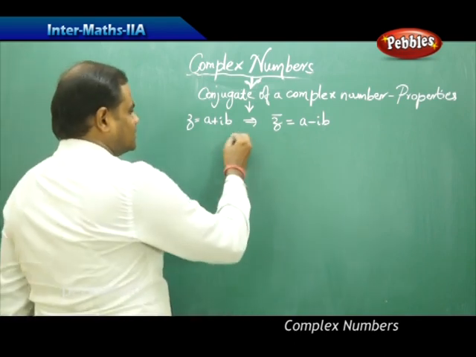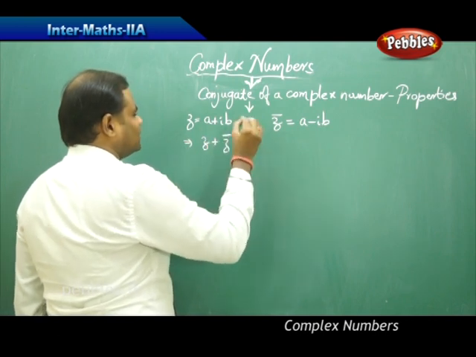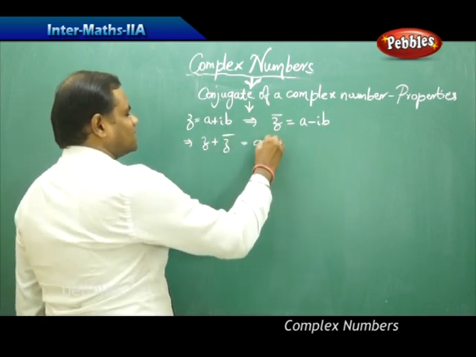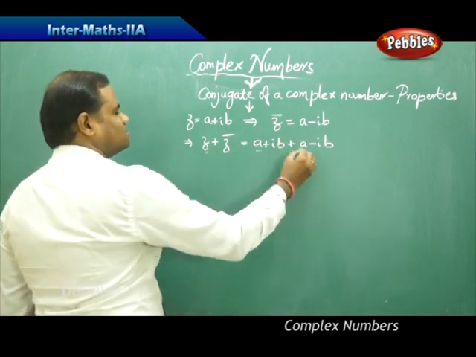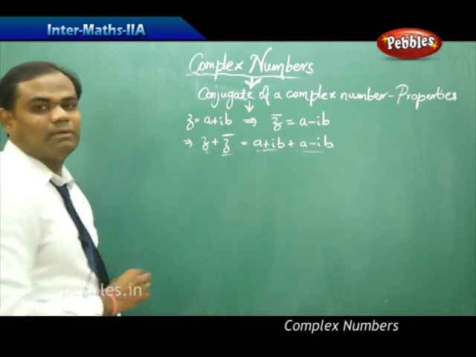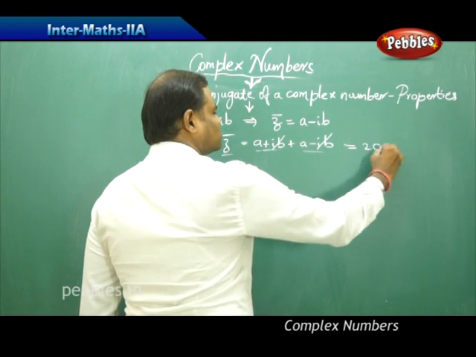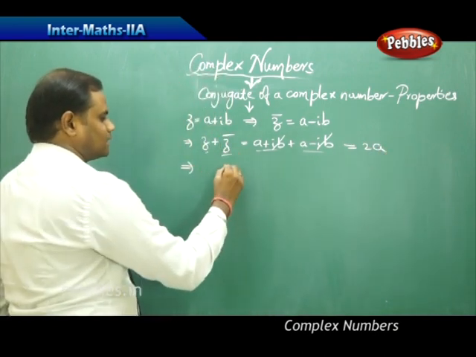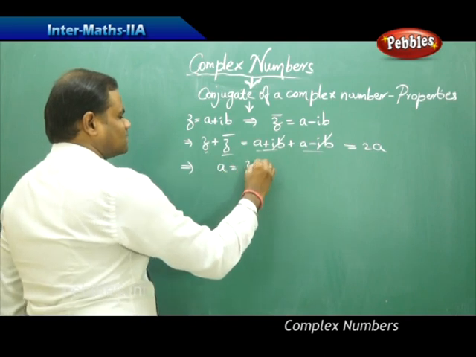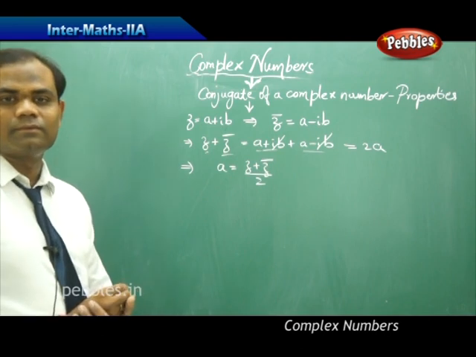Now as I clearly see this, when I add z plus z bar, I get a plus ib plus a minus ib, for this being z and this for z bar. Now these two being equal and opposite get cancelled and I get 2a. That implies a is z plus z bar by 2 when I bring 2 down.